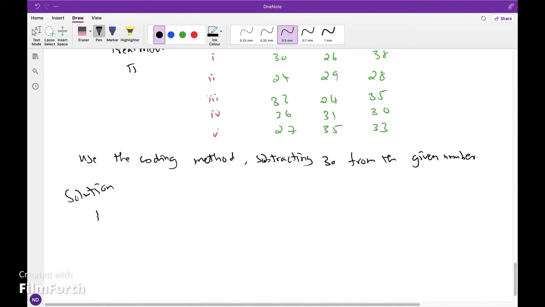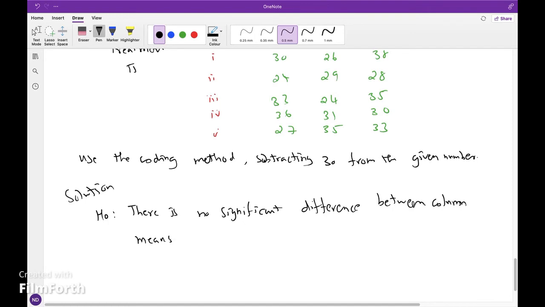Solution. First write the hypothesis. H0: there is no significant difference between column means as well as between row means.